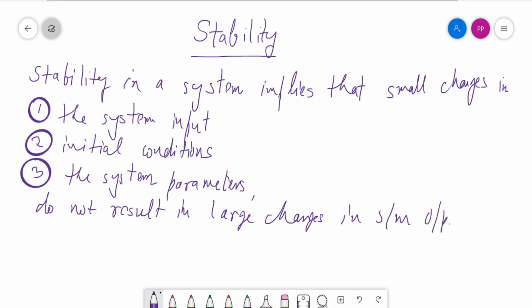So again, I would like to mention here that stability is a characteristic of transient performance of the system in most of the cases.